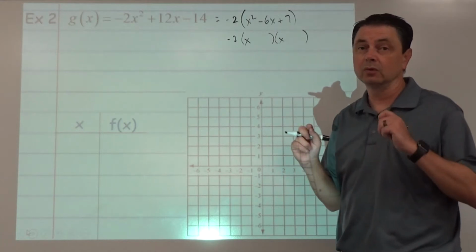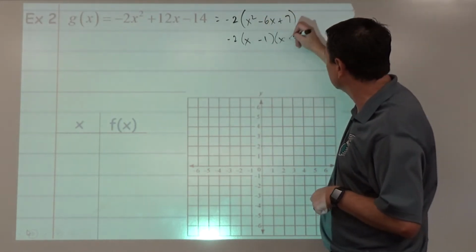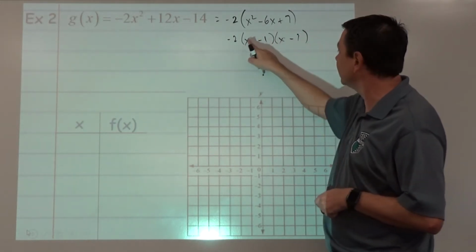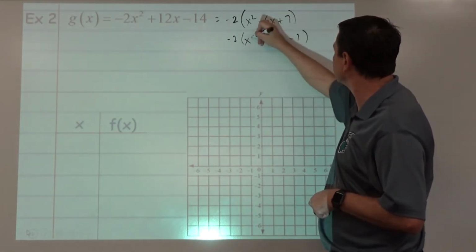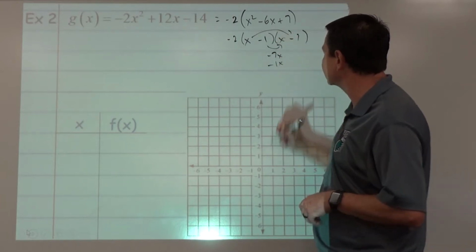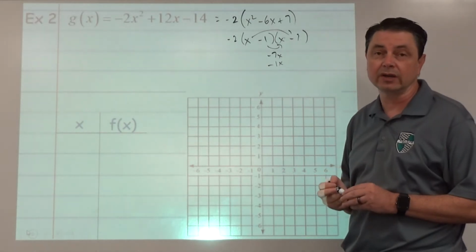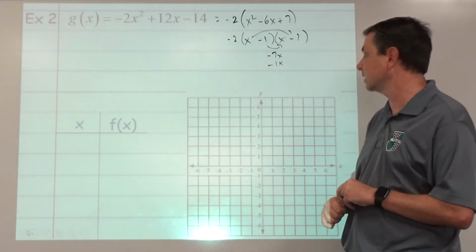It's either got to be 1 and 7 or negative 1 and negative 7. So we'd have to say negative 1, negative 7. But we're going to get outside negative 7x, 1x inside negative 1x. That makes negative 8x. It didn't work. We're not going to be able to find our x-intercepts by that process.